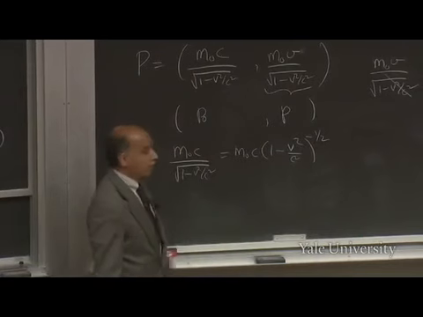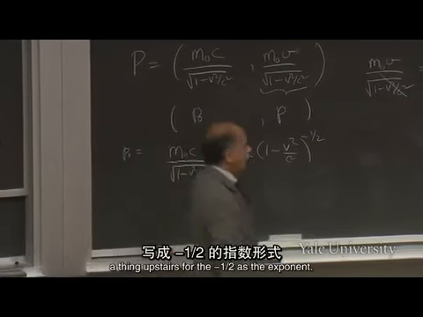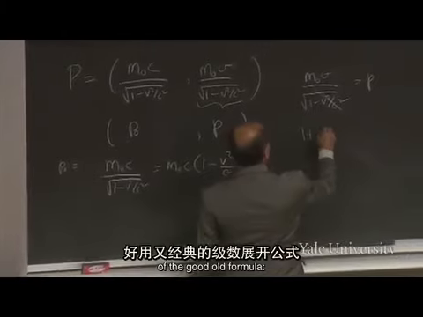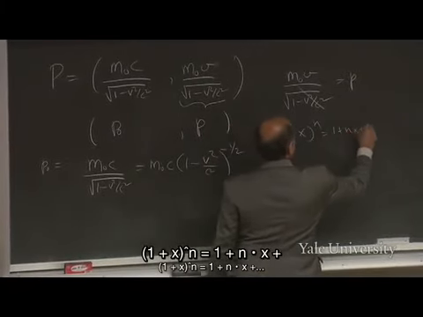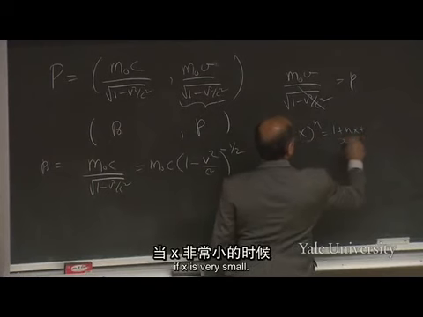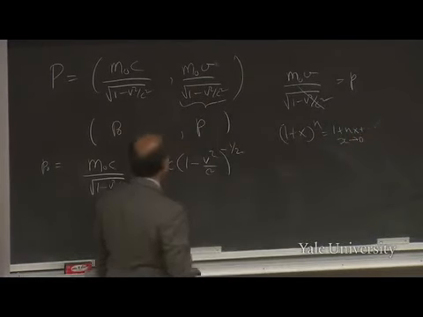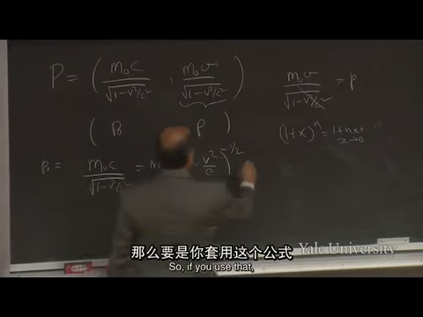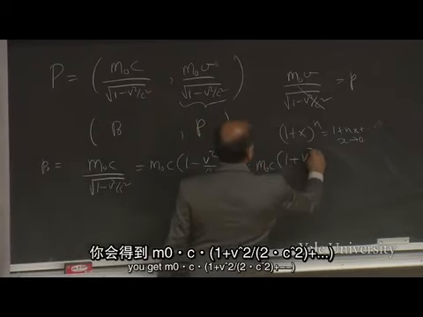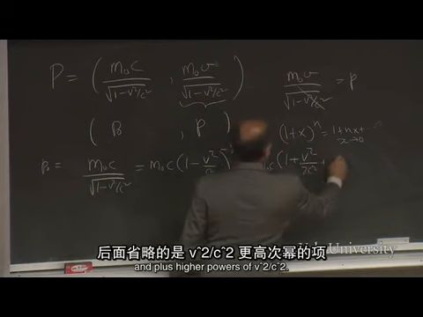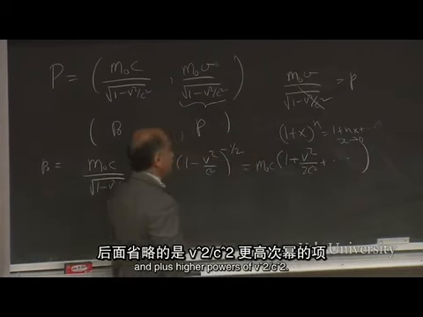I've just written it with the thing upstairs with the minus 1/2 as the exponent. Then I remind you the good old formula: (1 plus x) to the n is 1 plus nx plus dot dot dot if x is very small. So if you use that, you get m0c times 1 plus v squared over 2c squared plus higher powers of v squared over c squared.